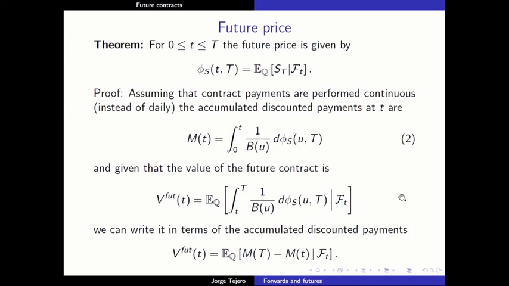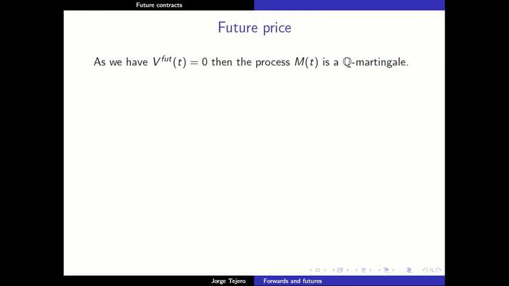And we can write the value of the future in terms of the process M_t in this way. Given that the value of the future is always zero because the futures are always traded with the delivery price equal to the future price, then we can see that the process that we defined previously is a martingale under the risk neutral measure.